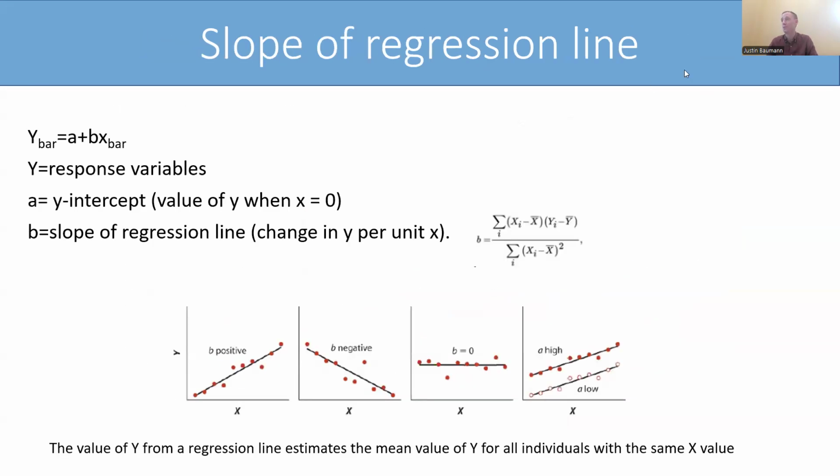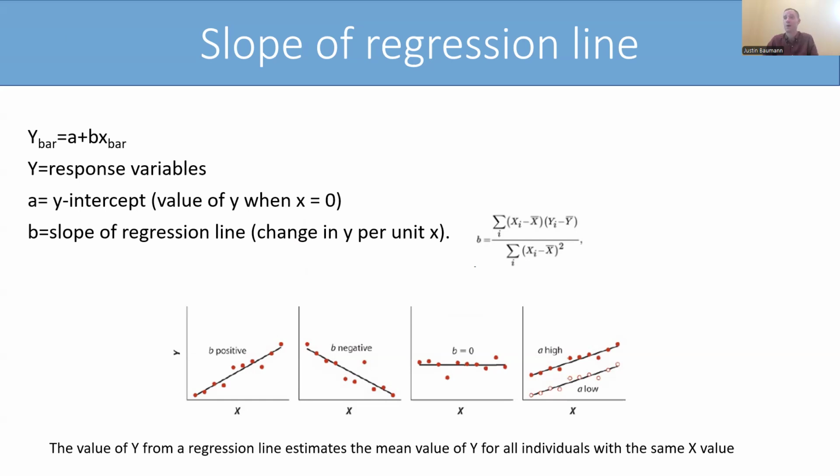Okay, so how do you calculate then the slope of the regression line? Hopefully you got this one. Hopefully you know how to calculate slope. If not, here we go. Y bar equals A plus BX bar, where Y bar is the mean of Y, and X bar is the mean of X, essentially.